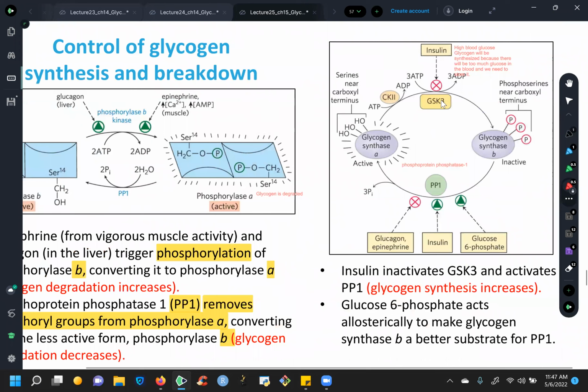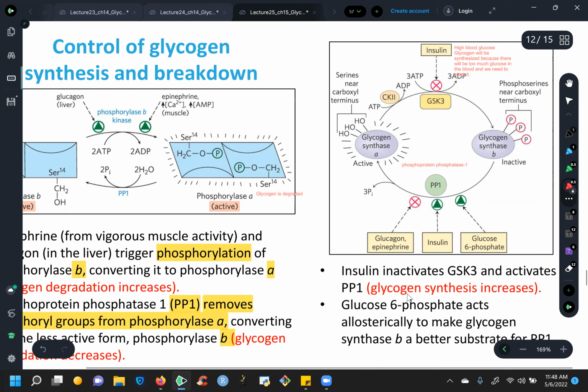It inactivates GSK3 and it activates PP1, so glycogen synthesis increases.